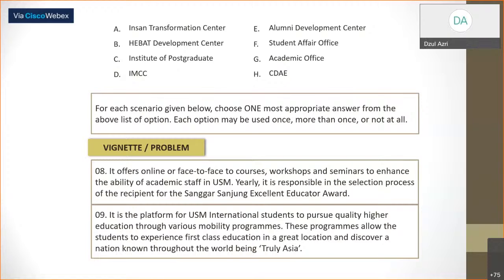Assalamualaikum, Prof. For us, I think it's more on the extended matching item. Okay, EMQ. That's what we discussed previously, because we have more information and we have to match it to the choices available. So for us, I think it's more a standard matching item. So extended matching questions, while group 8 said OBA.